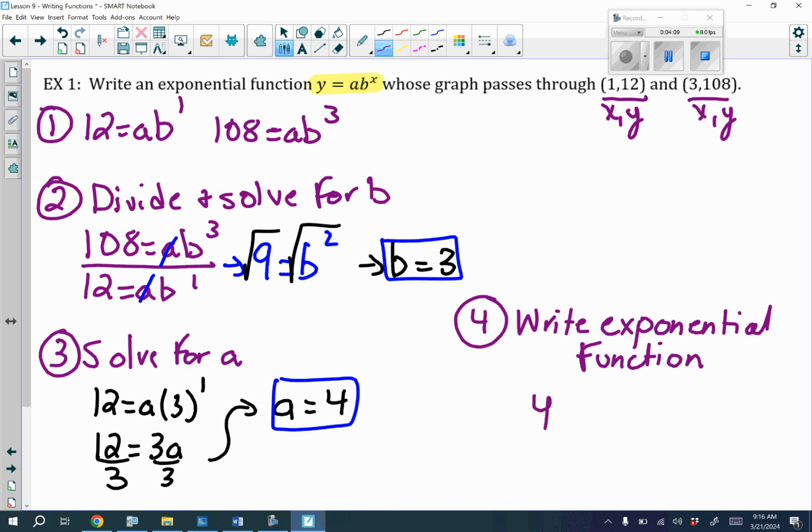So we're going to have y equals, our a is 4, then we have 3, and it's raised to the x. Now, be careful. Do not do 4 times 3. Remember, you cannot do that. So the exponent's with the 3, so we can't multiply 4 and 3. So it's just 4 times 3 to the x power.